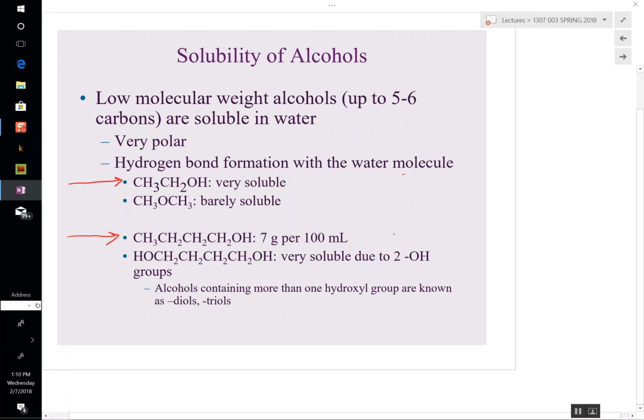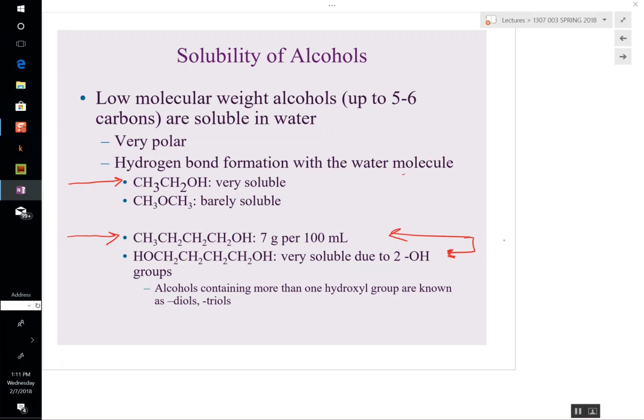You're comparing this molecule with this molecule. Notice 1, 2, 3, 4 carbons, 1 OH. 1, 2, 3, 4 carbons, 2 OHs. It's more soluble in water. Chain length is the same.